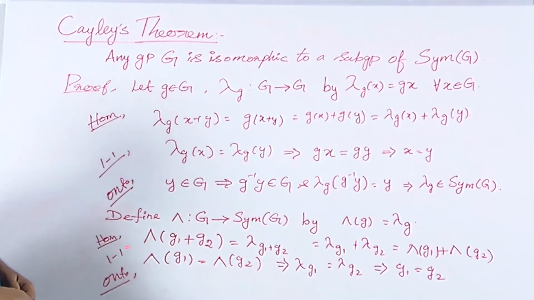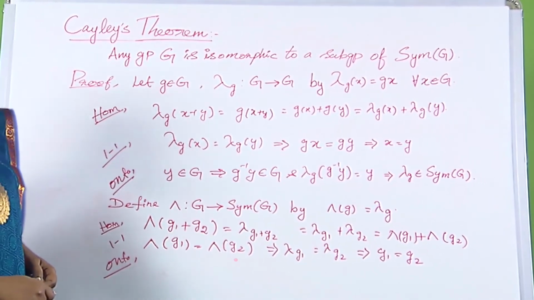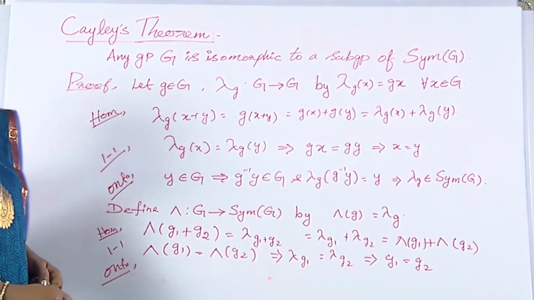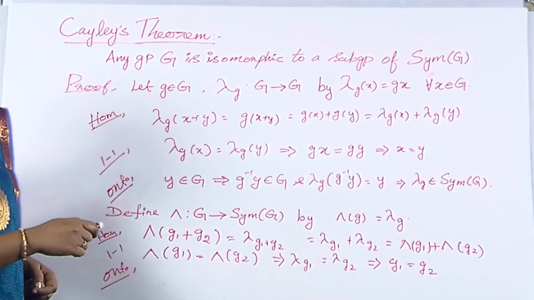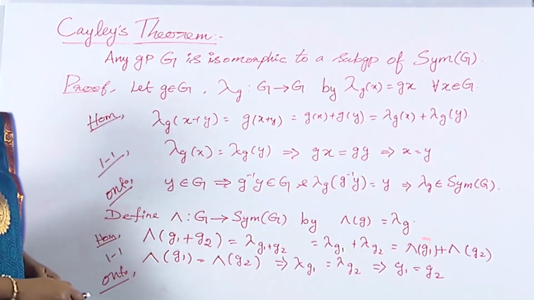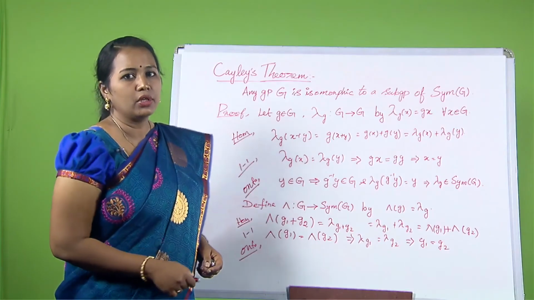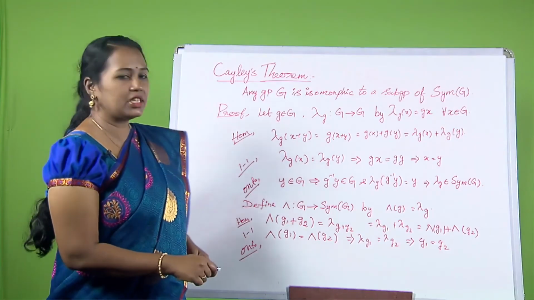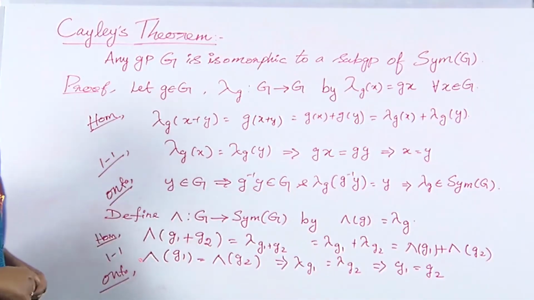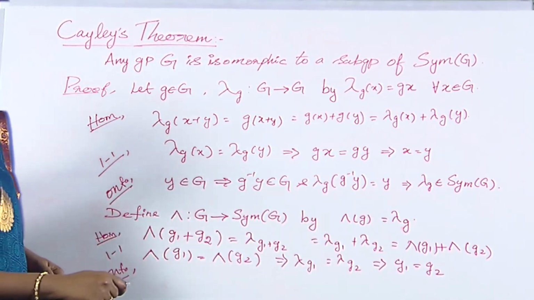Next, the one-to-one property. Let us assume that gamma(g1) is equal to gamma(g2). This implies lambda_g1 is equal to lambda_g2. Now, from our earlier definition, it will become g1x equal to g2x, so x will get cancelled and you have g1 equal to g2, and therefore the one-to-one property is also holding here. We can also say that the onto property holds because by virtue of the definition, gamma(g) is equal to lambda_g.